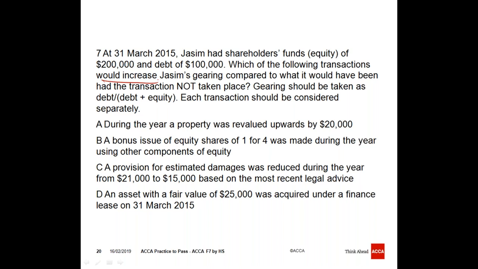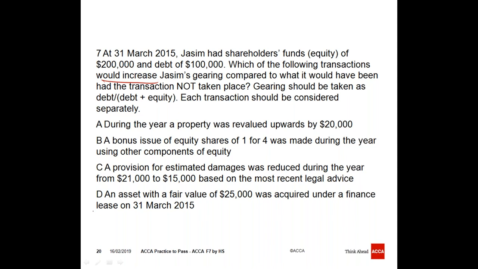But the capital gearing means how much debt you have in the total capital employed, meaning total equity and debt. So in the total capital employed, what is the percentage of the debt holder?